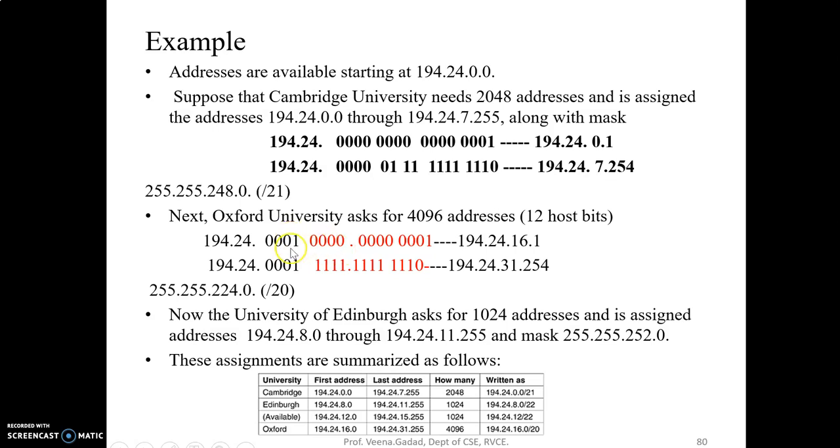So I'll start from this nibble, that is 1 followed by zeros, and the last host address will be 194.24.31.254. What will be the subnet mask for this? It will be 16 plus 16 plus 8 plus 8, 16. These 4 bits are fixed for all the nodes, so it will be /20.